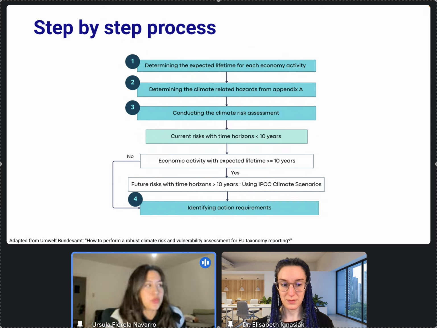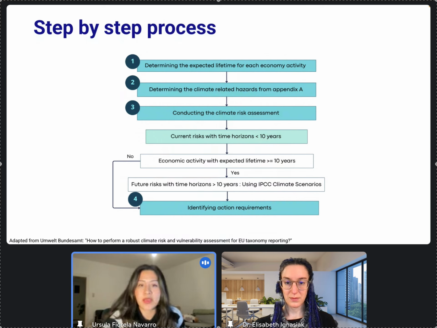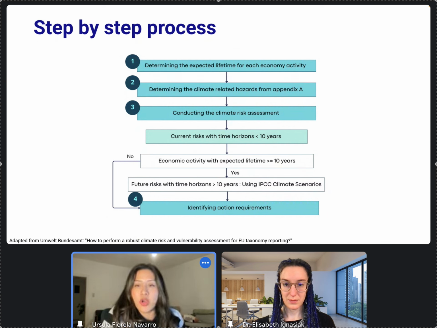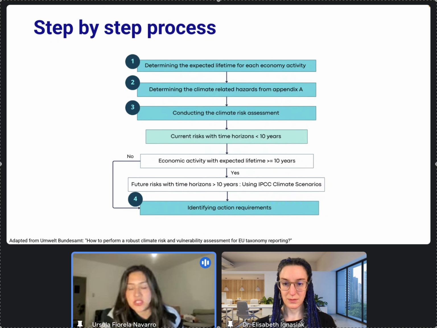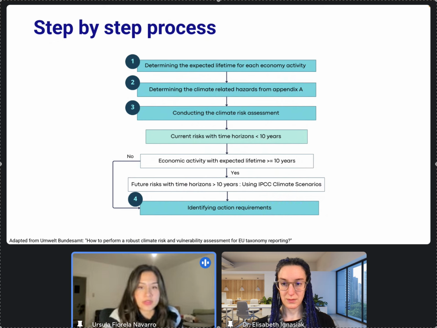First, we are talking about a preparation phase where we have to determine the lifespan of those economic activities that are under the regulations that have been previously mentioned, and we have to identify those, let's say, objects of investigation for our climate risk assessment process, or the specific elements that fall into our operations. For instance, we have production sites, supply chain and logistics, or products and services.